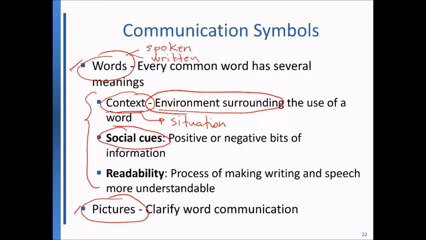When we say social cues, it depends on the user, it depends on the receiver. Sometimes the same word has a positive meaning, sometimes a negative meaning, depending on the culture, depending on the society. So it can be positive or negative information. It depends on the society. It depends on the group of people.